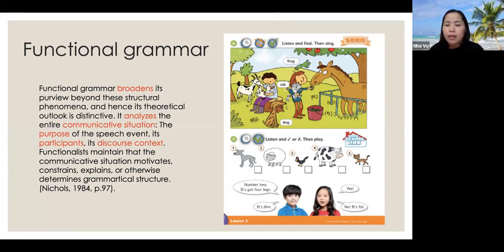And as you can see in the picture, I also take it from the textbook. In this picture, they present grammar, but it is embedded in the activities like listen and find and sing, and then listen and tick or cross, and then play.